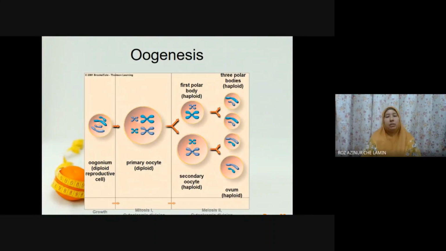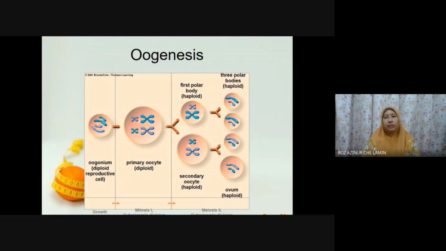For female reproduction, meiosis is very important for oogenesis. Oogenesis is the process to produce an ovum in the female reproductive system. It starts with the oogonium, which is diploid in number, and it grows into a primary oocyte, also diploid in number.